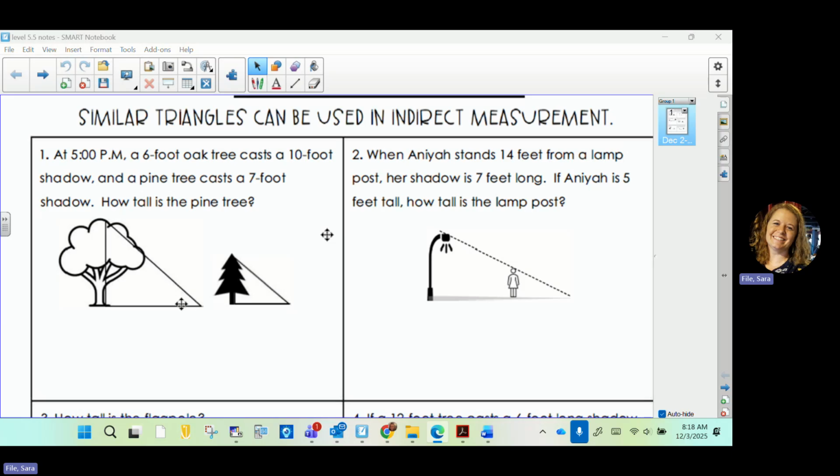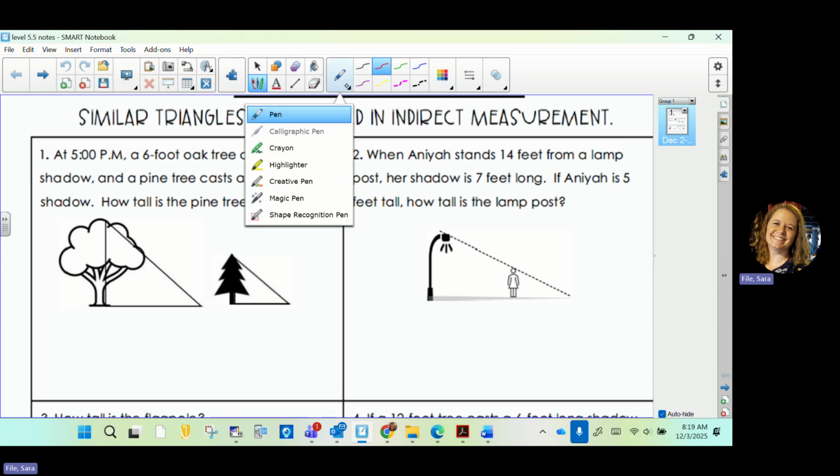Because these angles are the same, they're similar triangles. So I can use that fact to identify my corresponding parts.